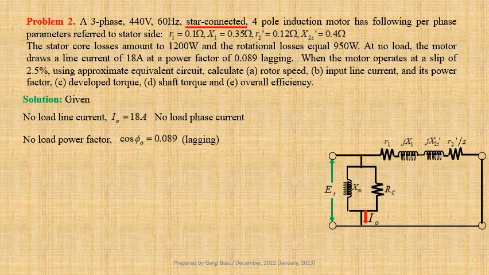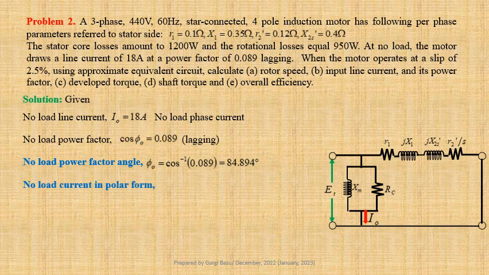Let us now determine no load power factor angle. Phi 0 equals cos inverse 0.089, that is equal to 84.894 degree.